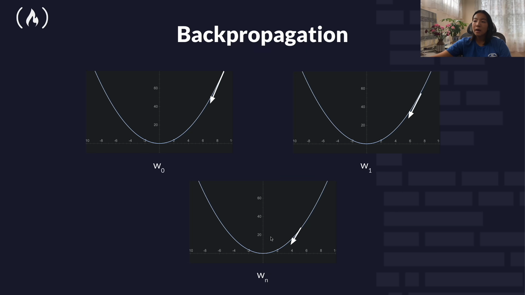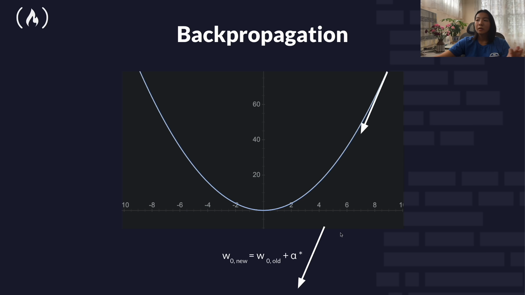And the closer we get to the bottom, the smaller this step becomes. Now stick with me here. So my new value, this is what we call a weight update. I'm gonna take W0 and I'm gonna set some new value for W0. And what I'm gonna set for that is the old value of W0 plus some factor, which I'll just call alpha for now, times whatever this arrow is.